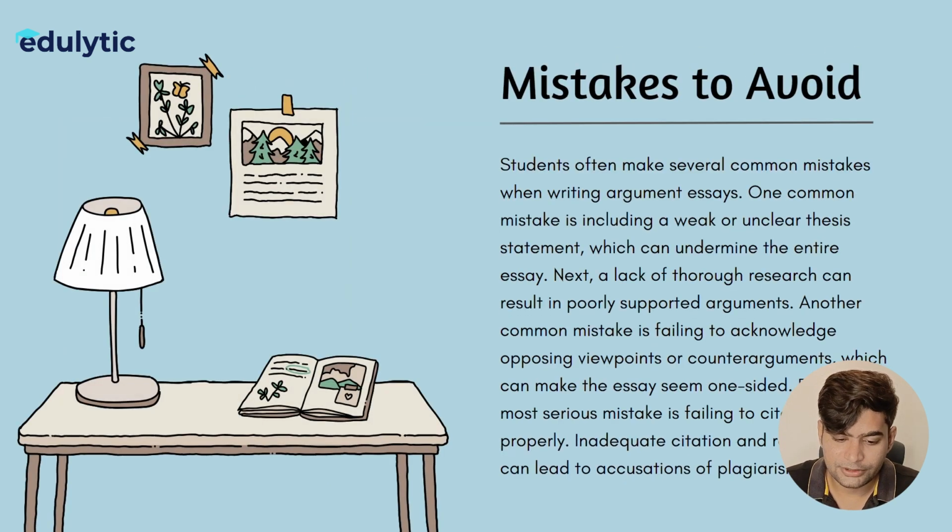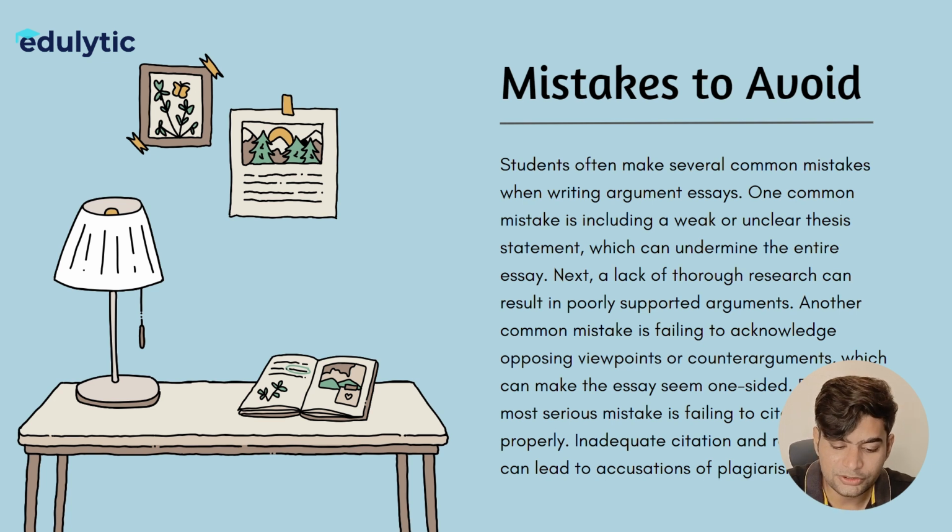Then we have to discuss which mistakes should be avoided. Students often make several common mistakes when writing argument essays. One common mistake is including a weak or unclear thesis statement. I have already told you that the thesis statement is the most crucial part because it must contain the keywords that are going to be explained in detail in the upcoming paragraphs.